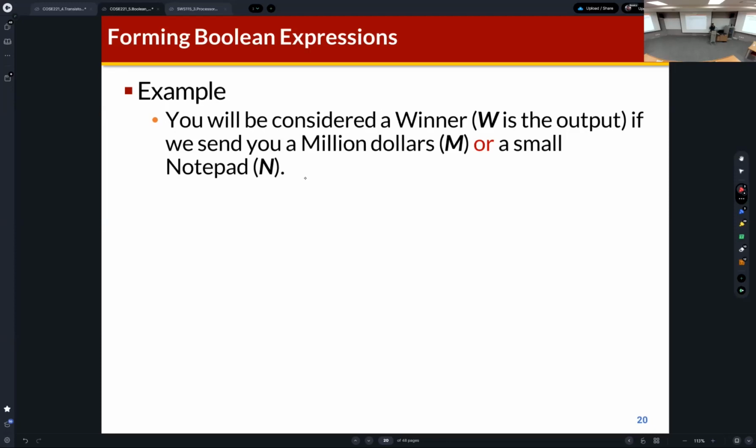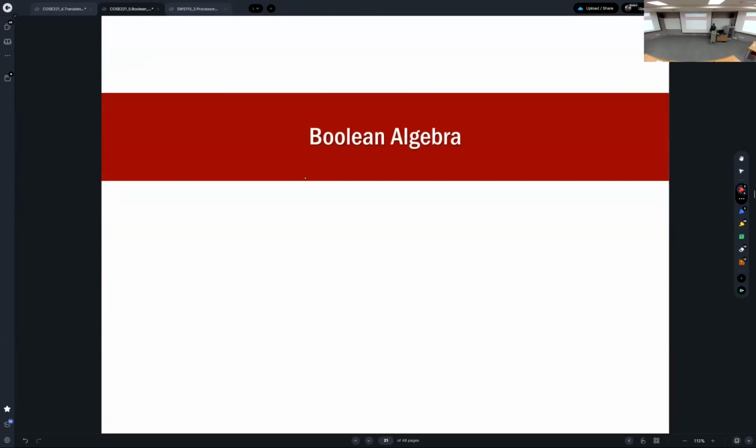There are two possible forms, SOP forms or POS forms. We learned how to implement Boolean equations in POS or SOP forms from the truth table. Now we will learn about Boolean algebra.